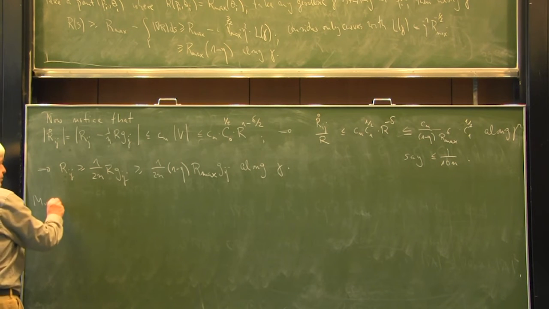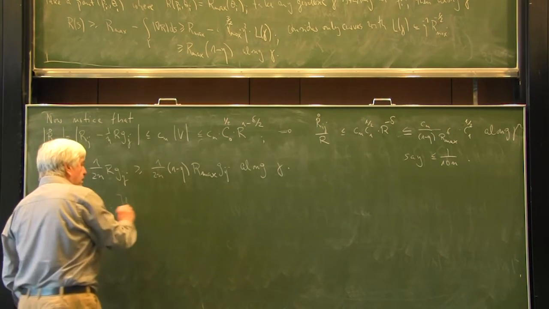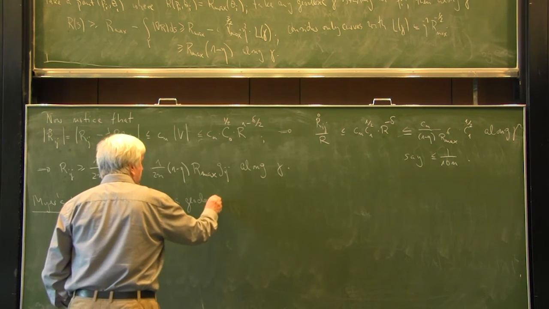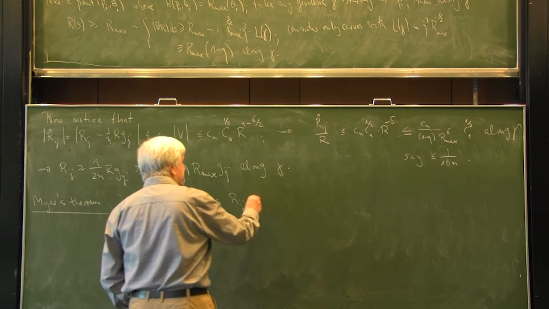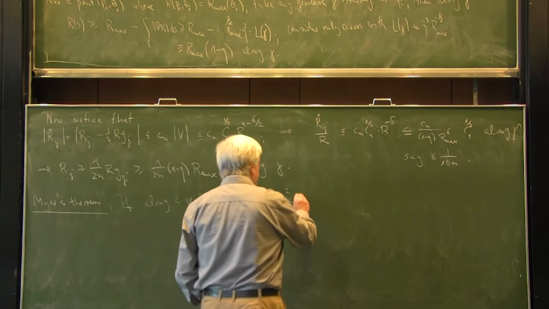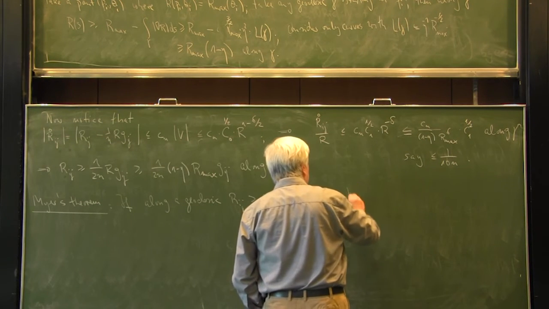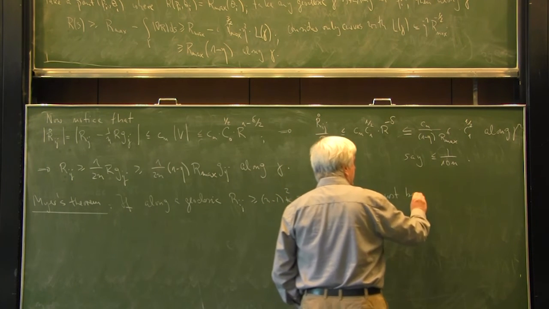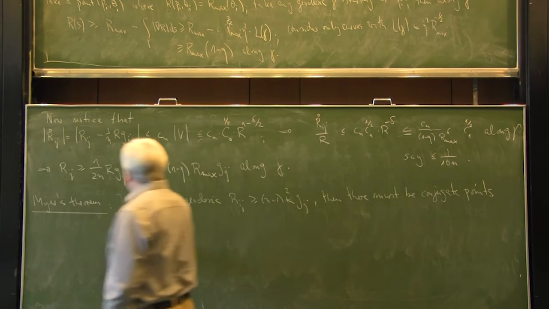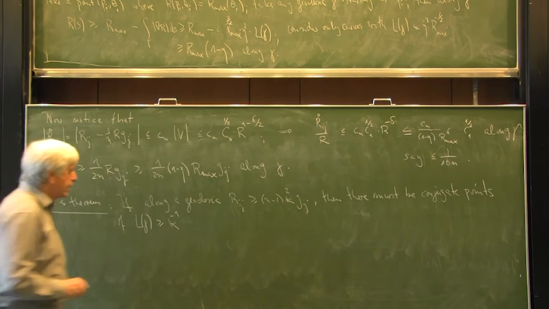So Meyer's theorem says that if along a geodesic you have that the Ricci curvature is bigger than n minus 1 times some constant kappa squared times Gij, you have exactly such an inequality, then there must be conjugate points if the length of the geodesic is bigger than kappa to the minus 1 times pi.